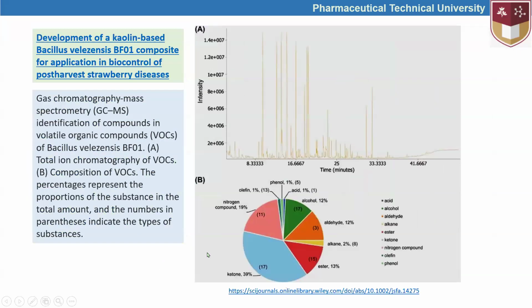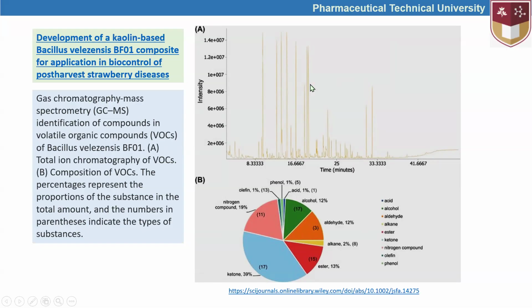Okay, next. In this figure taken from the paper named Development of a kaolin-based Bacillus velezensis BF01 composite for application in biocontrol of post-harvest strawberry diseases, we can find the profiles of extract, let's say, gas chromatography, mass spectrometry identification of volatile organic compounds of Bacillus velezensis BF01.